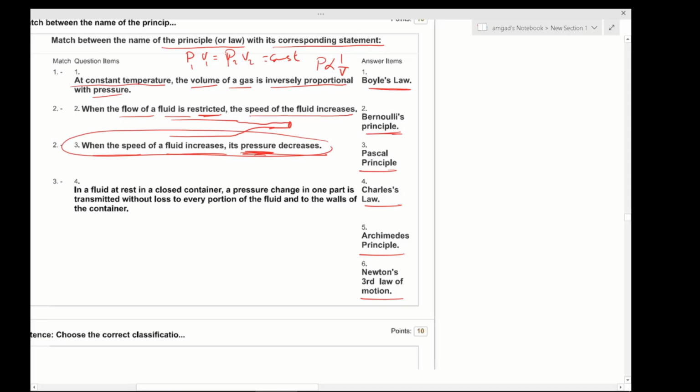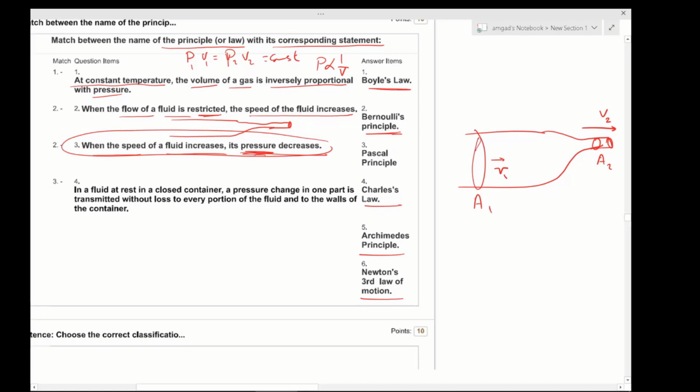Because we said before, Pascal has no speed. Pascal is talking about pressure and forces and areas. So there is no flow in Pascal. But in Bernoulli, there is an area A1 and area A2. This area is big, so the speed is small. The speed on the other side is higher. So V2 is greater than V1.